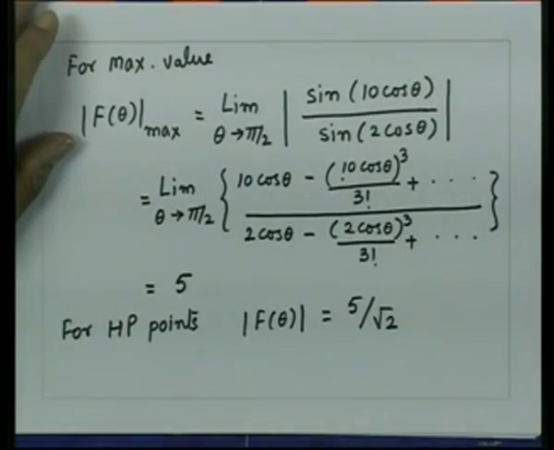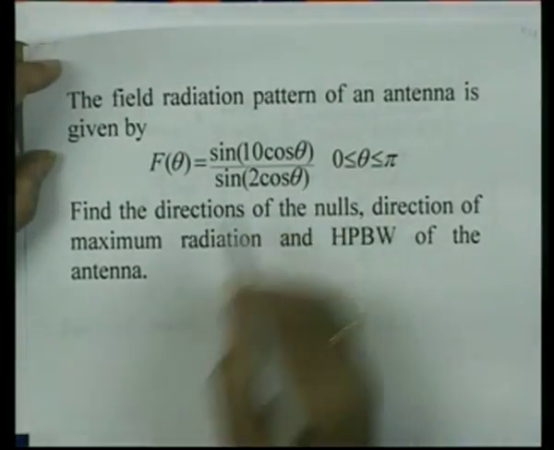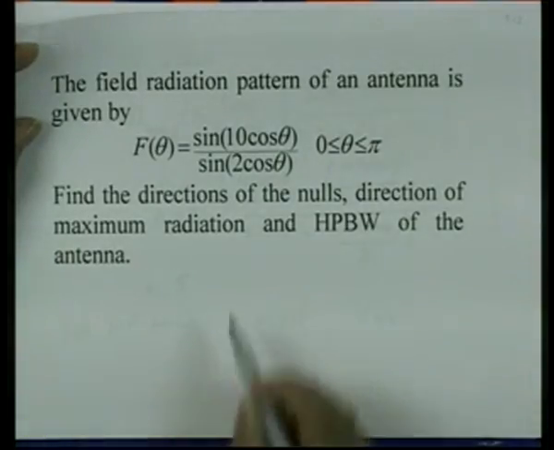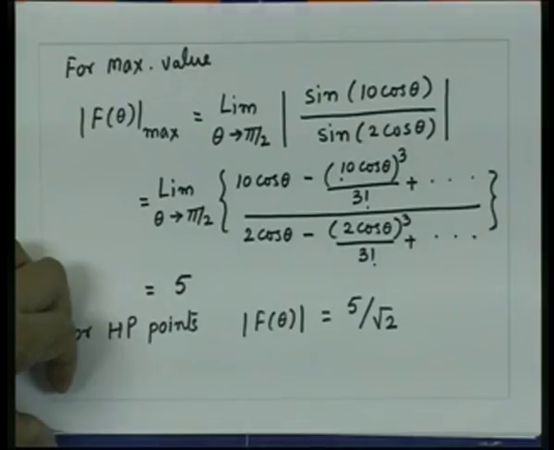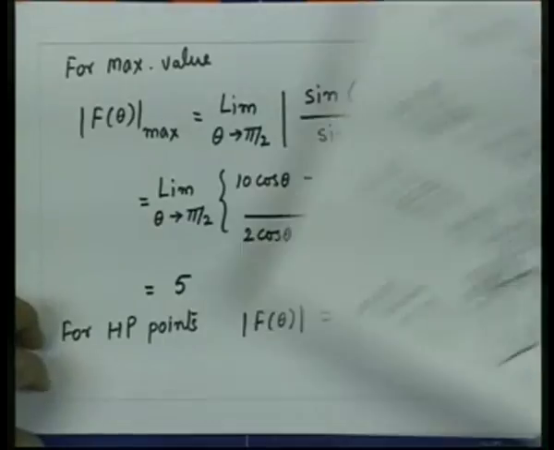Now, this thing cannot be solved analytically. This expression should be equated to 5 upon root 2, and this has to be solved numerically. So, we have to get the values for these two angles theta 1 and theta 2 essentially by solving that expression numerically.